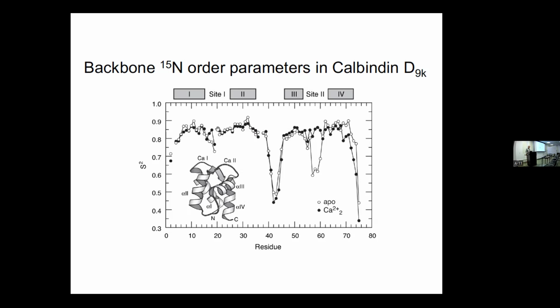So some of this behavior, maybe all of it, this apparent rigidity, is due to the fact that there's sodium in the sample. The sample had 100 millimolar sodium or so. Even if you try to get rid of the sodium, you have to go to extreme lengths to get all the sodium out of the sample. It was a big surprise to me when he told me there was a sodium sitting in this site in the simulations.